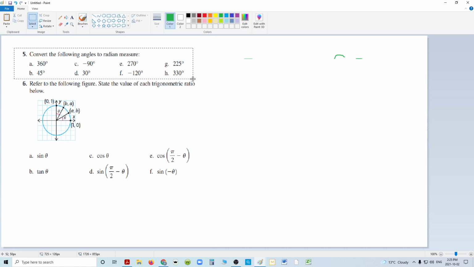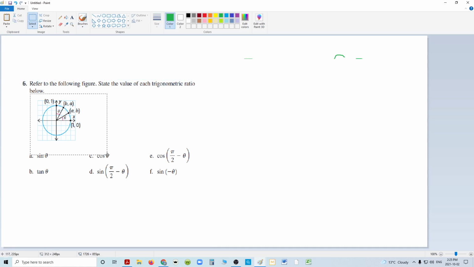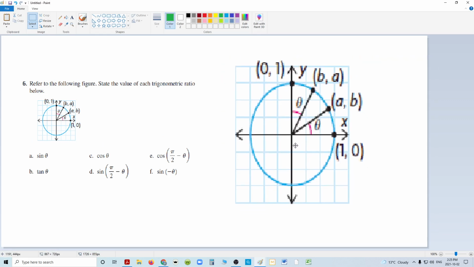Refer to this chart. So I'm going to just expand it over here. And I guess it depends which one they want to do. They're saying this angle up here is the same as this angle, and this AB refers to this triangle, and this BA refers to this triangle.